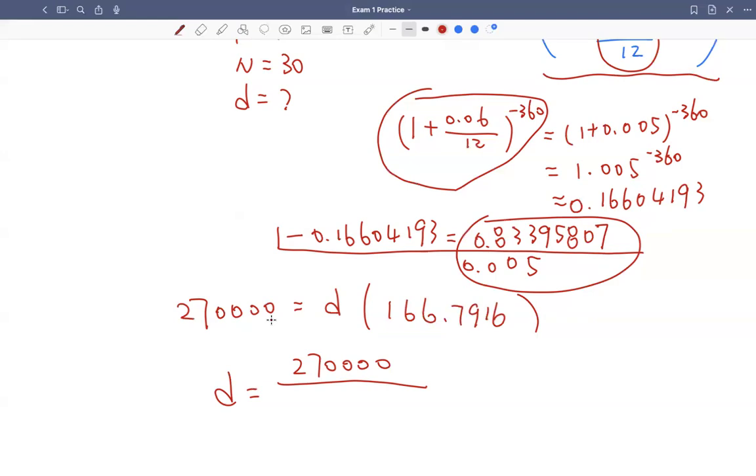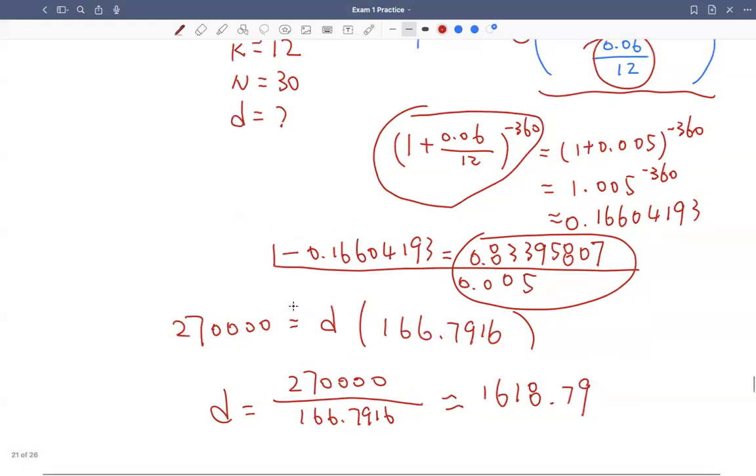Then use 270,000, yes, divided by 166.7916. So to get $1,618.79. I rounded up because the number afterwards is 9, so I rounded up. Okay, so that's the calculation.